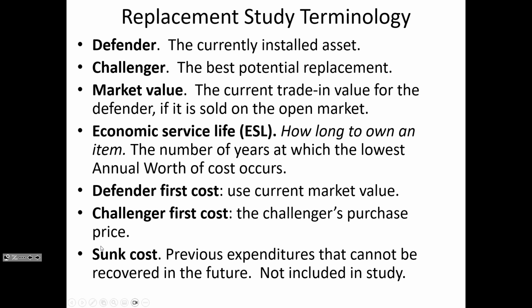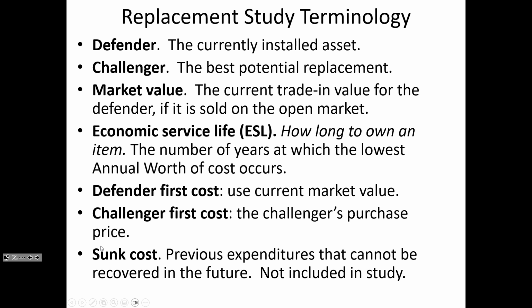And the sunk cost, how much you've spent on a piece of equipment in the past, may be completely unrelated to its market value. So for example, if you drive a used car and you just put tires on it, and you just got the brakes done, and you flushed the radiator, and you waxed it, and you vacuumed it, all of those things may have some small indirect influence on its market value.